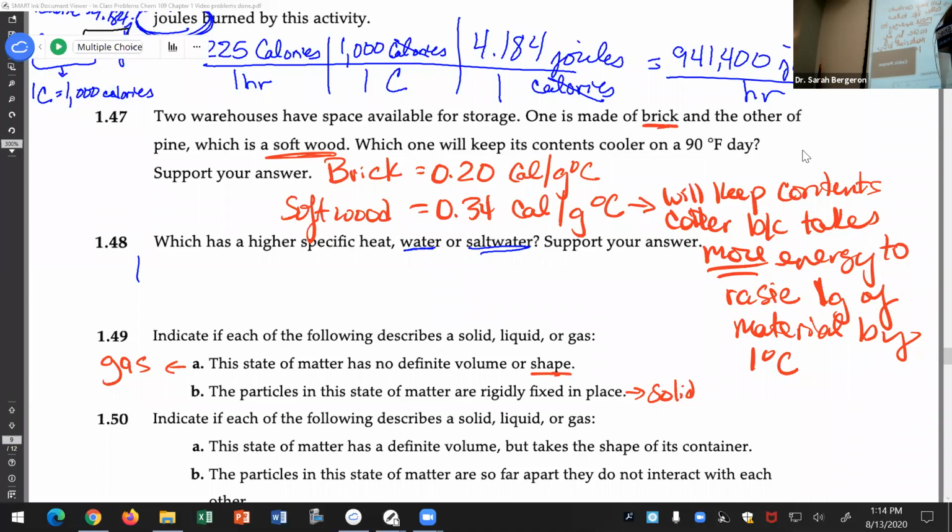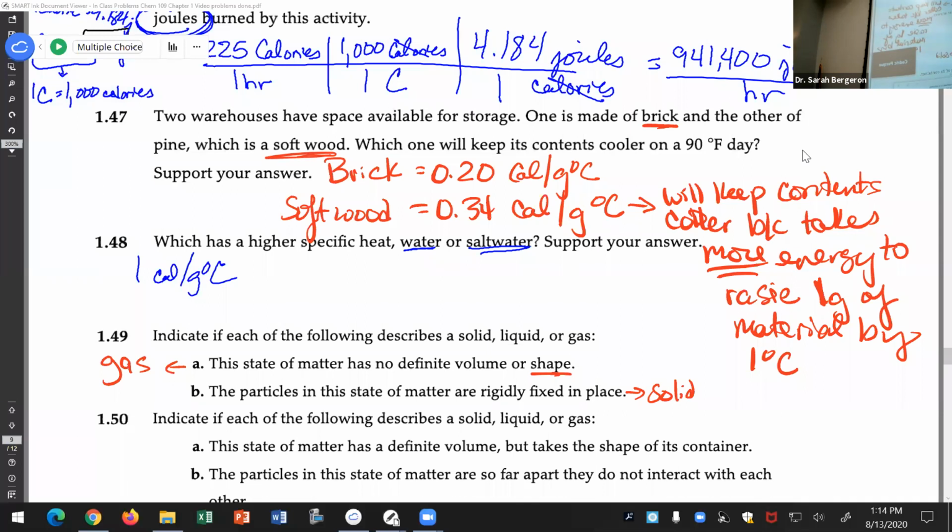It's calories per gram degrees Celsius, right? And so water has a specific heat of just 1 calorie, if we're going to talk about calories, right? So why would salt water have a higher or a lower specific heat?